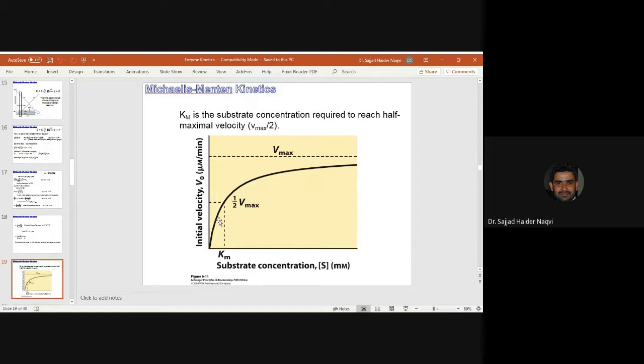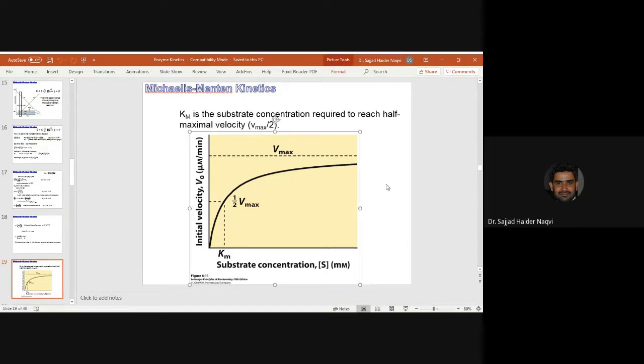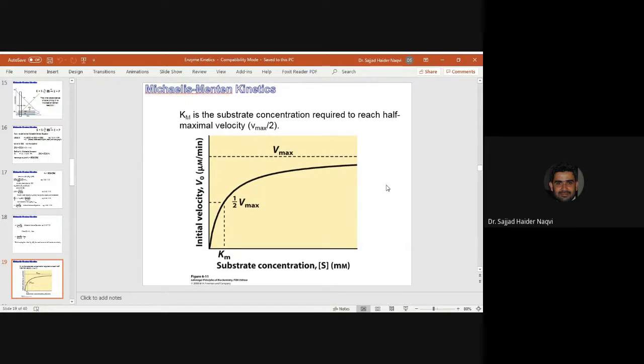And it reaches this point where it is half of the Vmax, and this particular concentration of the substrate is called Km. If you further increase the substrate concentration, velocity will further increase till it reaches this point where the graph becomes straight. That means no more increase in the velocity takes place, and that is what we call the Vmax. So Km is the substrate concentration required to reach half of the maximum velocity.